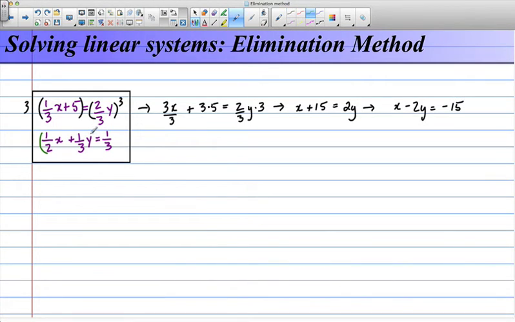The second equation, we'll multiply both sides by 6. So we have 6 times 1/2 x plus 6 times 1/3 y equals 1/3 times 6 to result in 3x plus 2y is equal to 2.